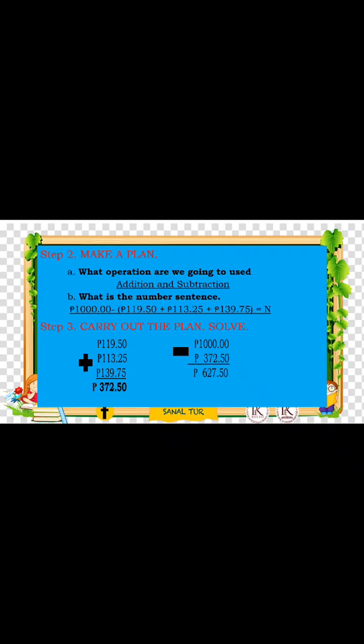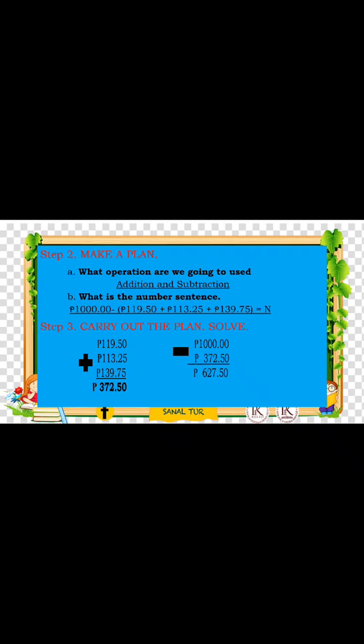So how much was the total amount that she bought? Then after that, we are going to subtract the amount from the 1,000 pesos that she gave to the cashier.